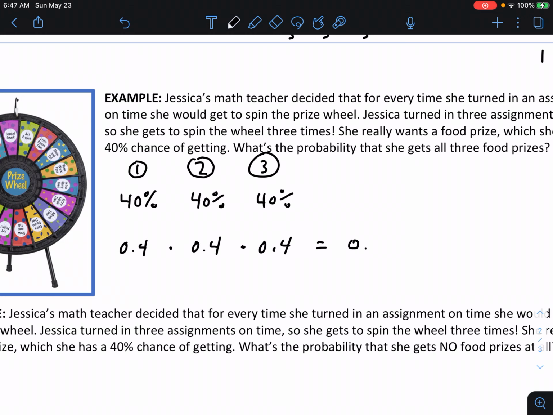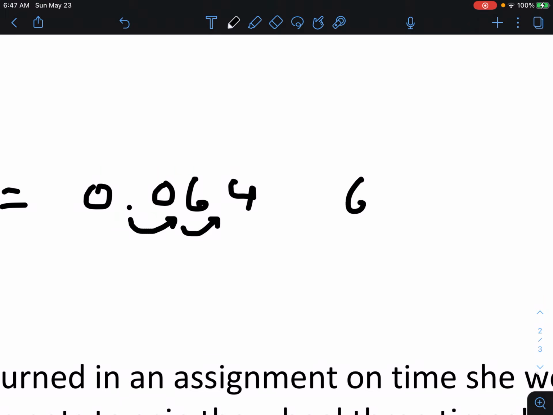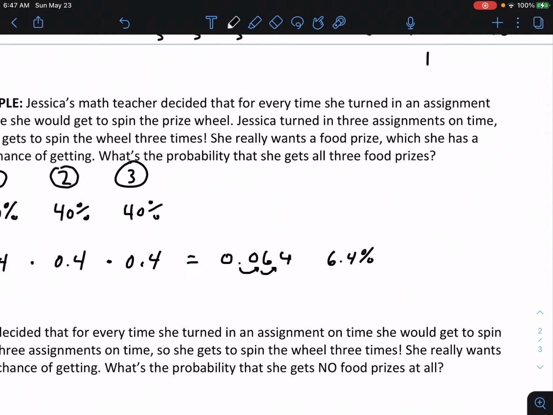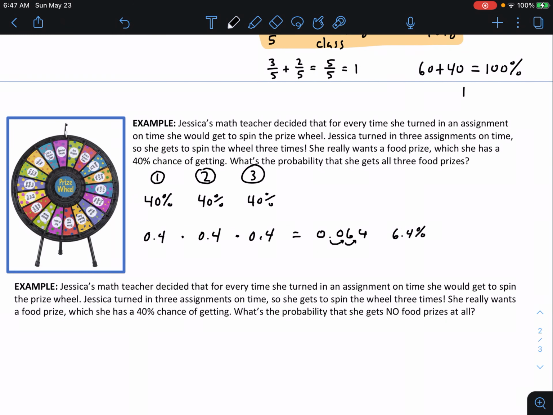I say 0.064, I don't say that 0, that's to the left of the decimal. If you remember, to turn this into a percent, we take this decimal and move it over 2 places. So we end up with 6.4%. So pretty small probability that she's going to get 3 food prizes in a row.